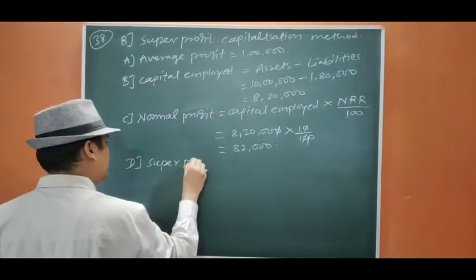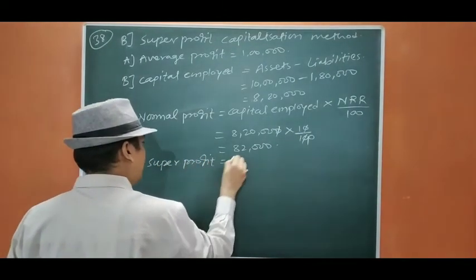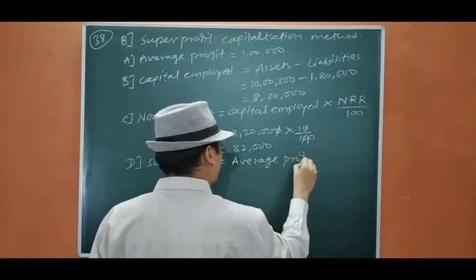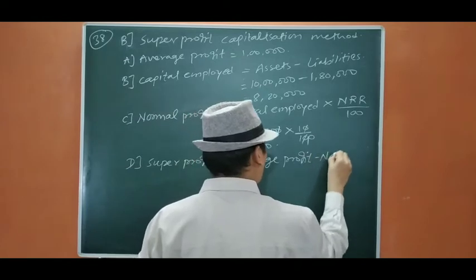Now the super profit. Super profit equals average profit minus normal profit.